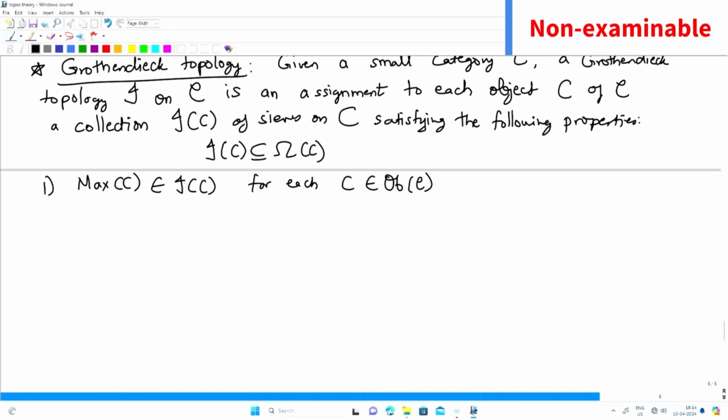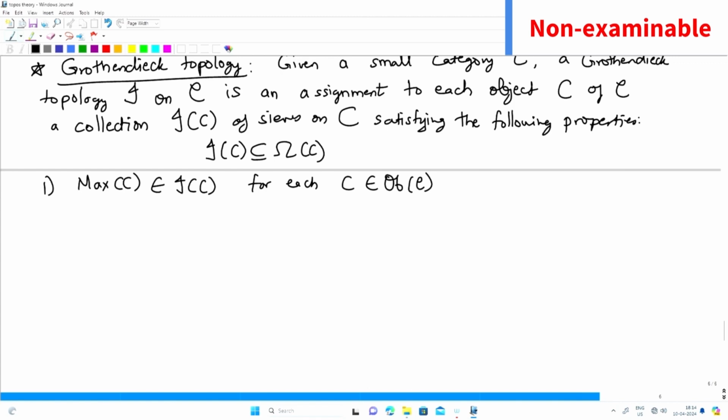And this is an analog of the condition in the definition of topology that the whole space is always open. In my opinion, and this is just my observation, it's not written in any book, Grothendieck topology is very much similar to the ordinary definition of a topology, except that it doesn't necessarily ask you to have the empty set as open.